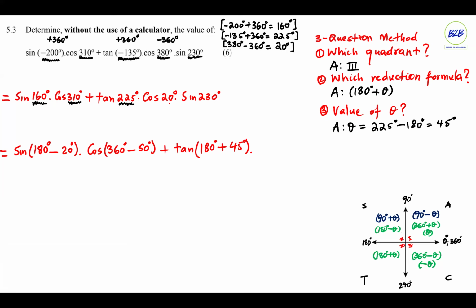All right, then let us move along. We have now cos 20 degrees. Remember what we said previously. The purpose of the reduction formula is to reduce any angle into an angle between 0 and 90 degrees. In this case, 20 degrees is already between 0 and 90 degrees.